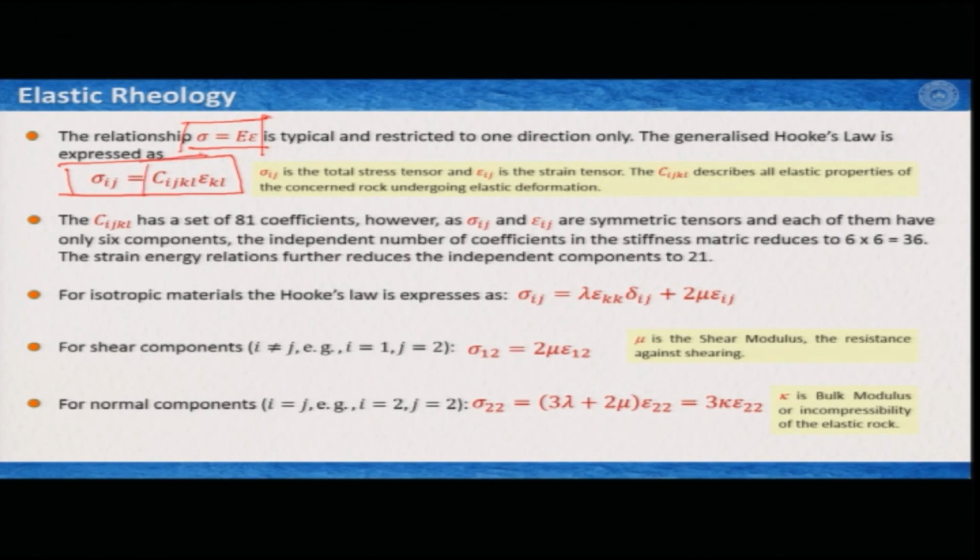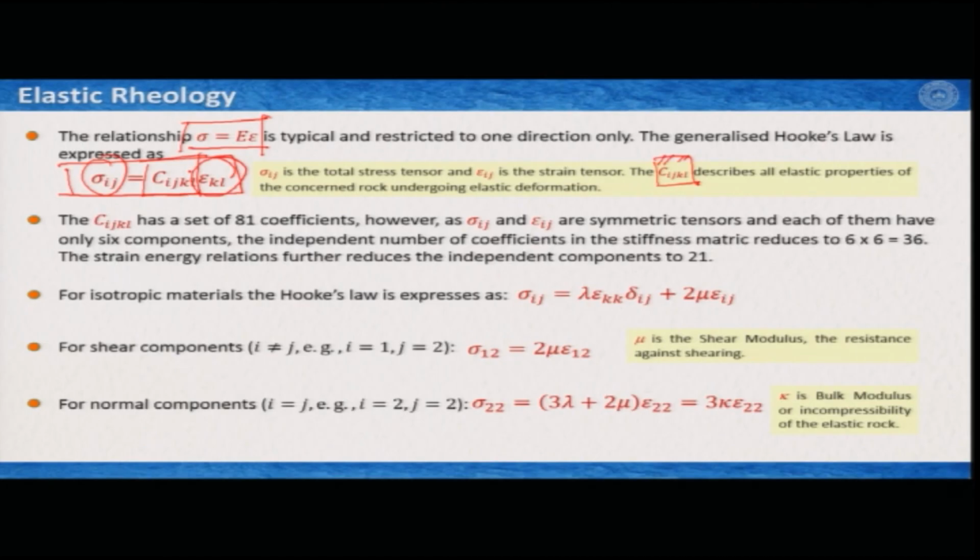Now, this term C ijkl describes all the elastic constants in one house. This is a matrix, stored in one matrix, and this is known as the stiffness matrix. Now, you can represent this stiffness matrix by 81 coefficients, simply because you have 9 components here and 9 components here.